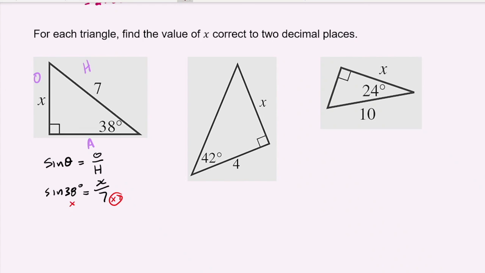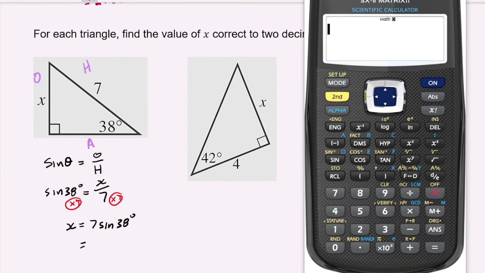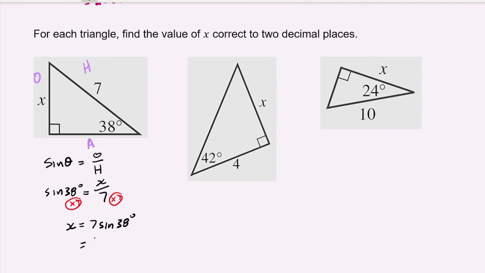Multiply both sides by 7 because we are dividing, so we need to use the opposite. And we get x is 7 sine 38 degrees. And we can plug that into our calculator. Okay, so 7 sine 38, close off the bracket, equals 4.3096, etc. Okay, we want 2 decimal places once again.